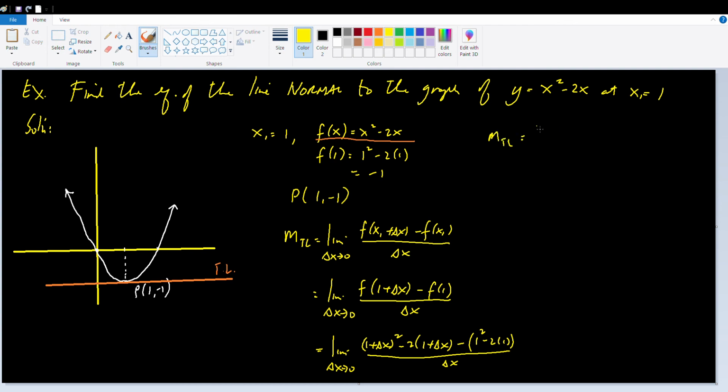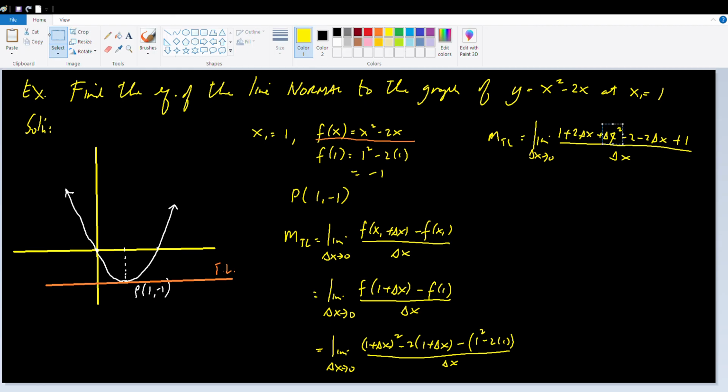So, expanding 1 plus delta x squared, that will be 1 plus 2 delta x plus delta x squared, minus 2, minus 2 delta x, minus 1 squared minus 2, which is negative 1. So negative of negative 1 is positive 1, all over delta x as delta x approaches 0.